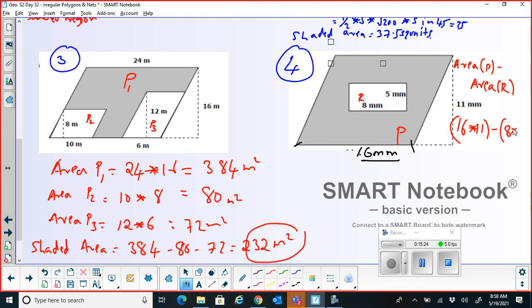Whenever you do these kinds of problems, make sure that all of them have the same unit. If they are not, then we have to convert to the same unit and then solve. Luckily for us, in this problem everything was in the same unit. So 16 times 11 minus 8 times 5, which is 40. So minus 40 will give us 136. So this is 136 square millimeters.